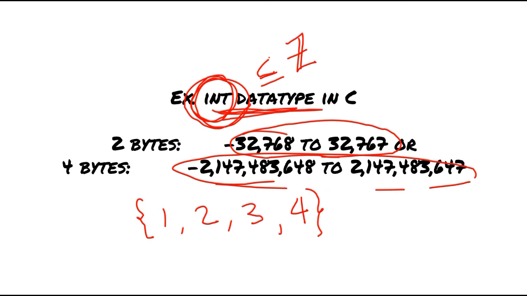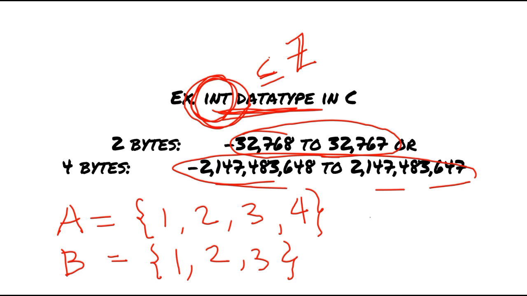So if I have a set A that is 1, 2, 3, 4, then I could have a subset B which contains elements, say 1, 2, and 3. So we could say B is a subset to A.